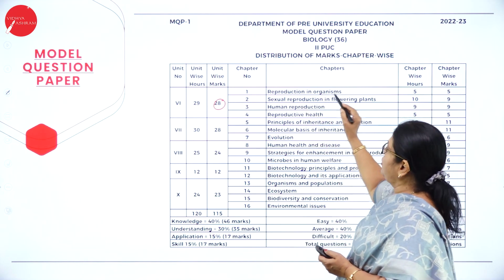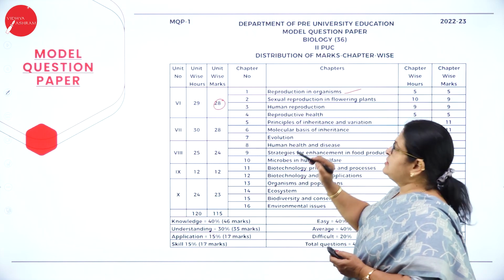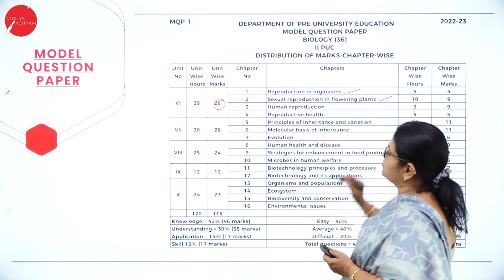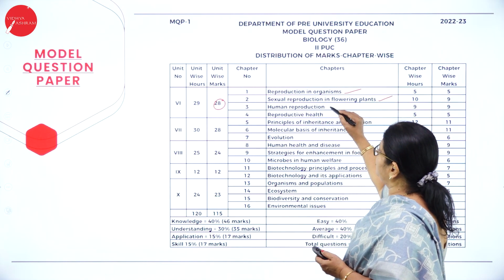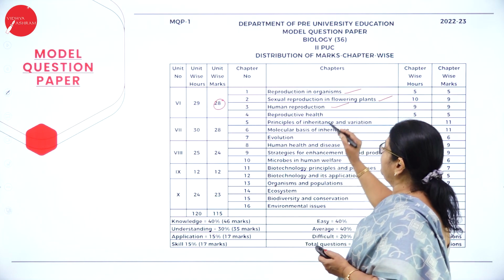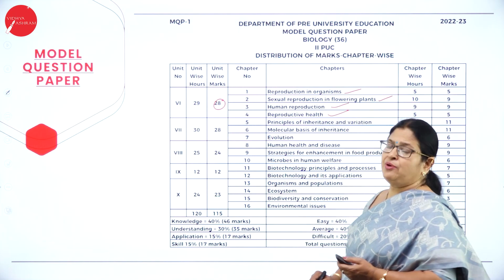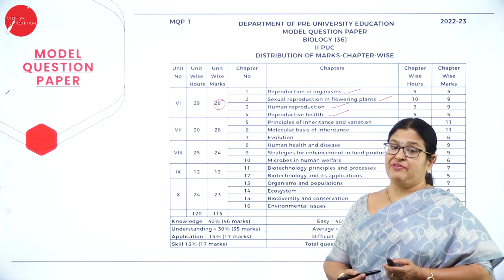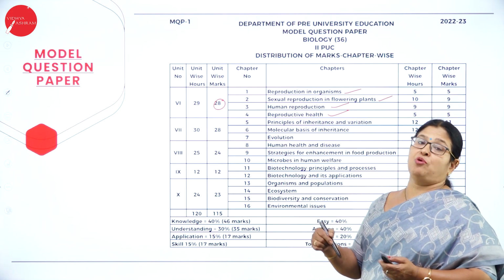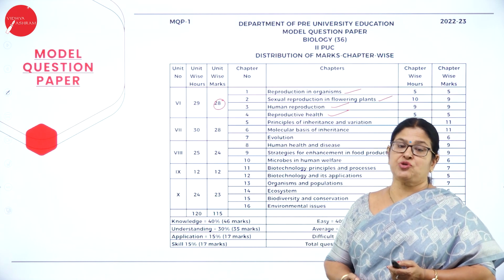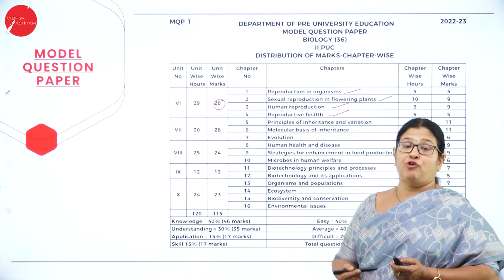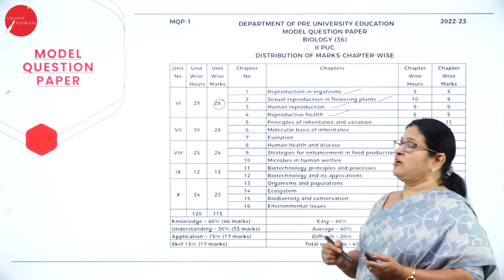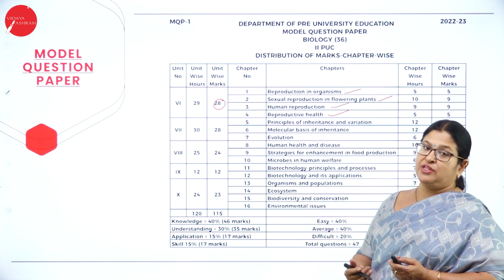The first chapter is reproduction in organisms, second is sexual reproduction in plants, third is human reproduction, and fourth is reproductive health. I think the previous question paper had 37 questions, but the present model paper, that is your changed question paper pattern, has 47 questions. So you must be aware of the pattern of the question paper.